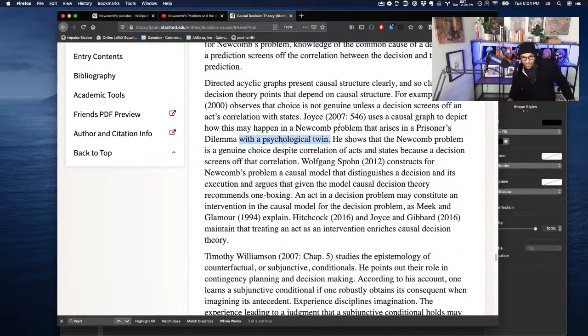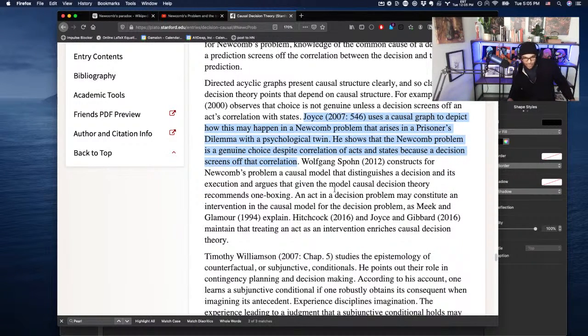Maybe that's it then. Wolfgang Spohn constructs for Newcomb's problem a causal model that distinguishes a decision and its execution, and argues that given the model, causal decision theory recommends one boxing.